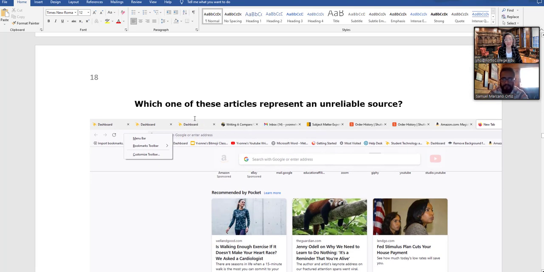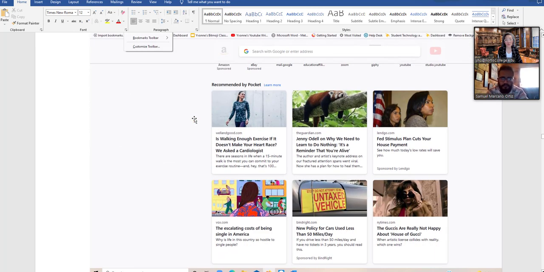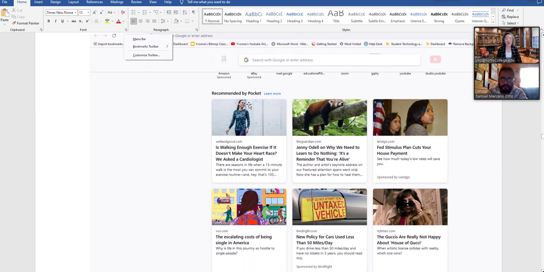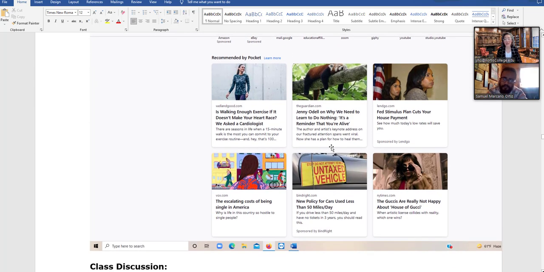Here are some examples of unreliable sources. So here you have, this could be your Facebook, and then you say here something sponsored by Lindango, sponsored by Beinrite. Would you say that these are reliable sources, or are they ads? Ads. Do we believe in ads?